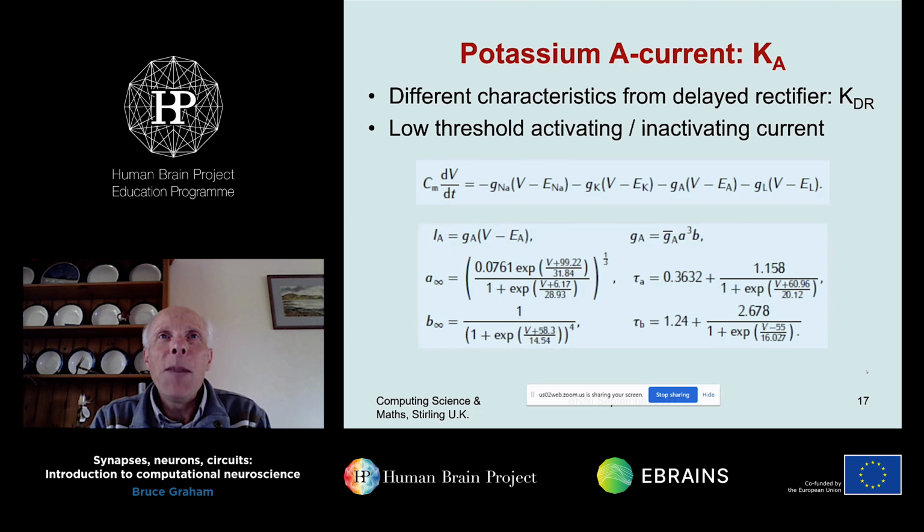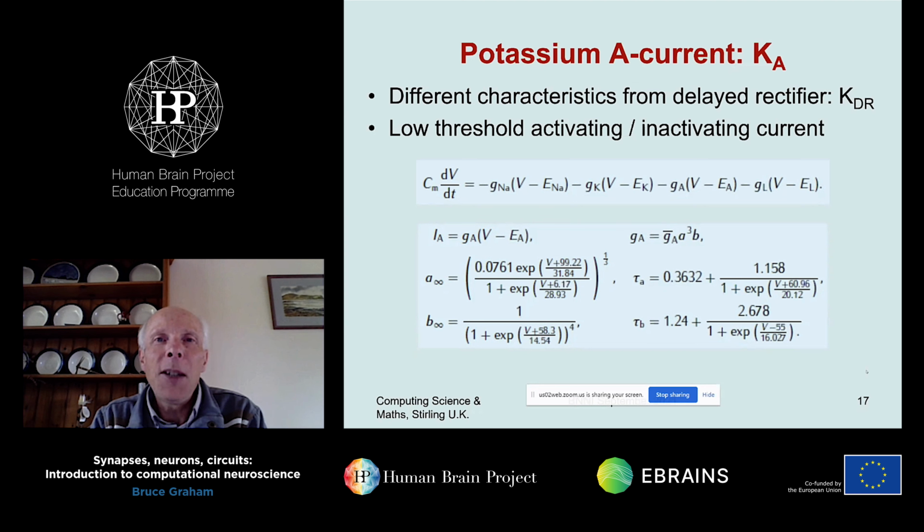So I've only mentioned really sodium and potassium ion channels as underpinning the action potential. But one thing we're using modeling to do extensively is to try and understand the functional role of different types of ion channels. And one of the exercises we can play with this afternoon actually uses a different type of potassium ion channel than the one that underpins the action potential.